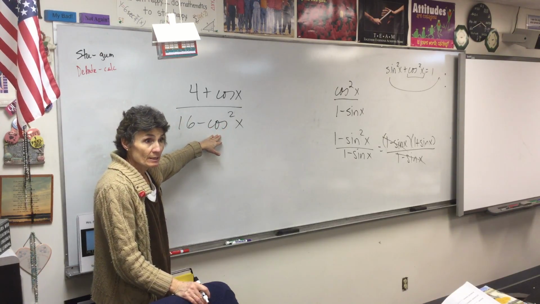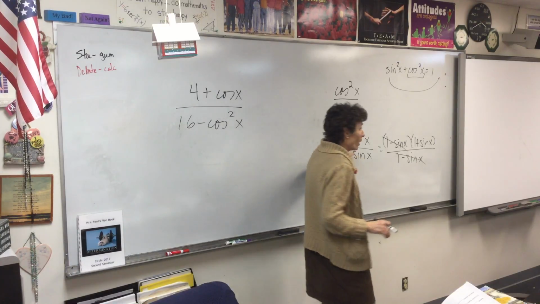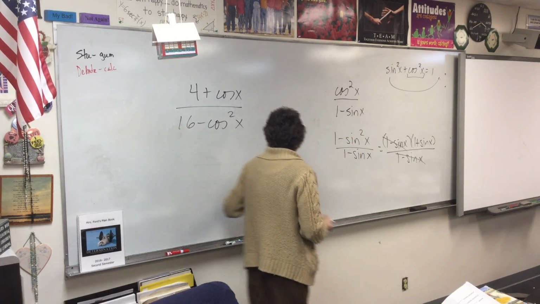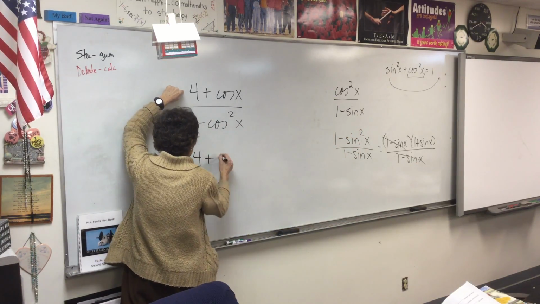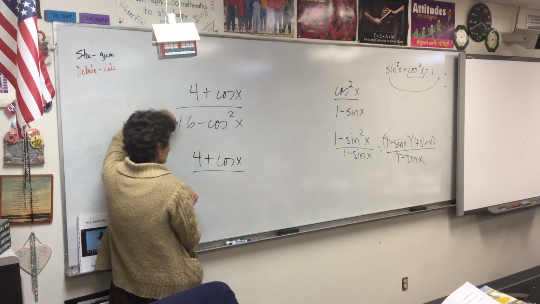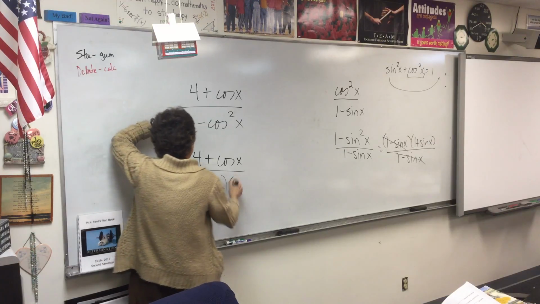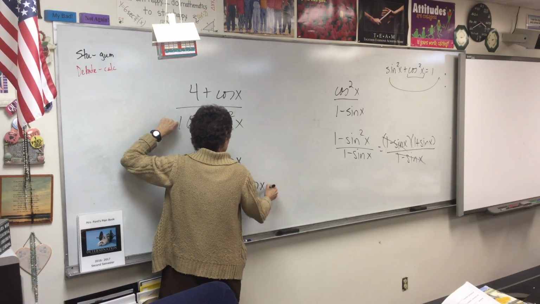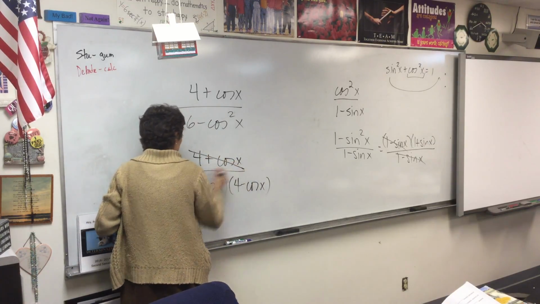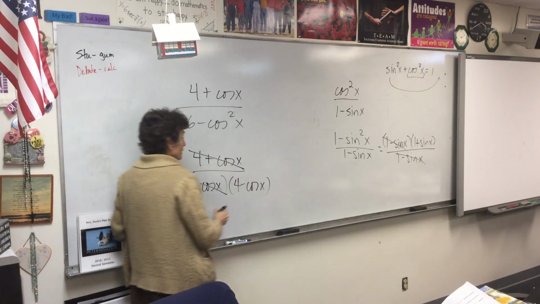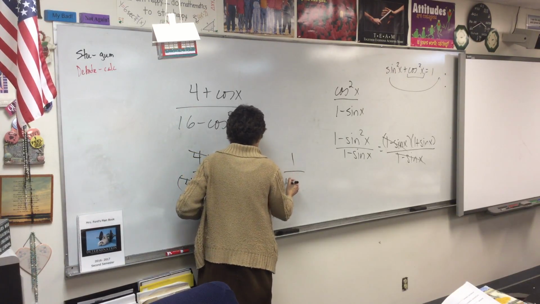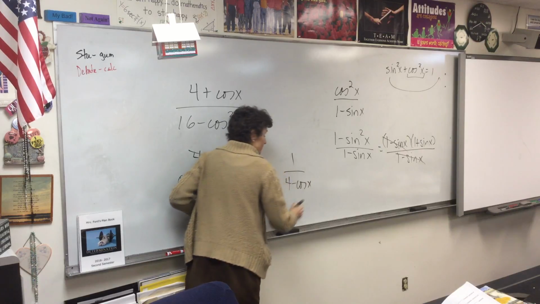You see it? It's just like this was. So how does that bottom factor? 4 plus cosine, 4 minus cosine. Those will cancel, and I'll have 1 over 4 minus cosine.